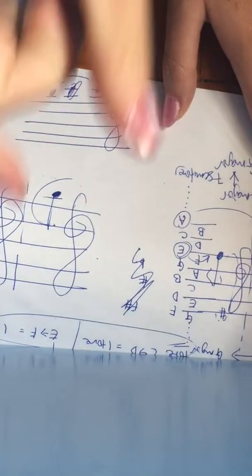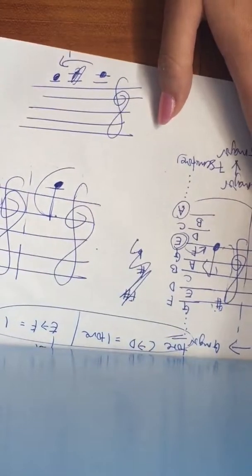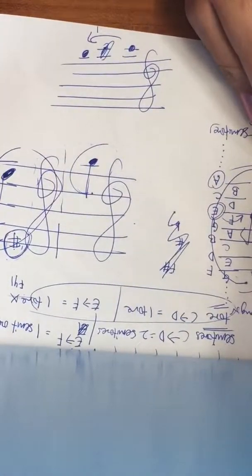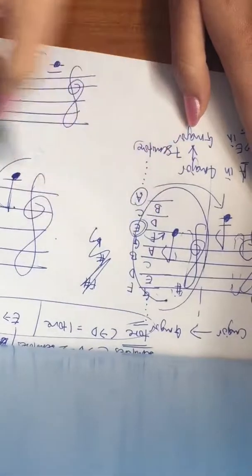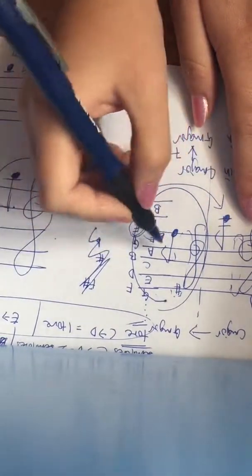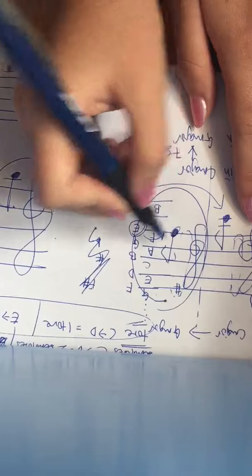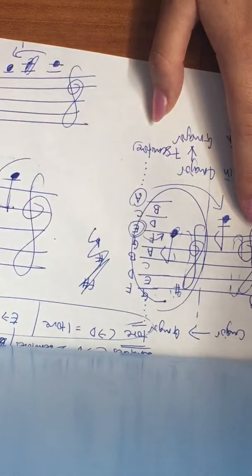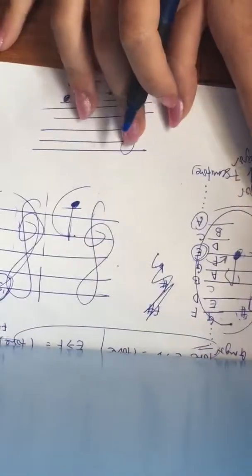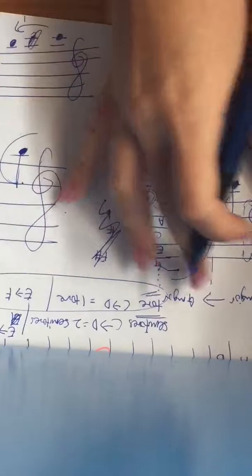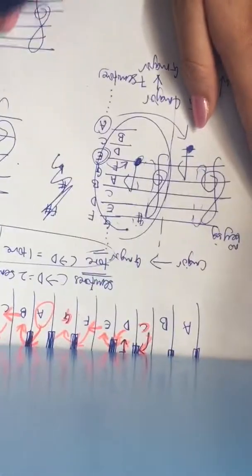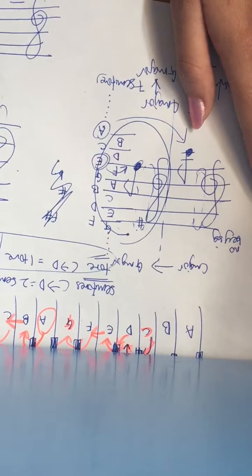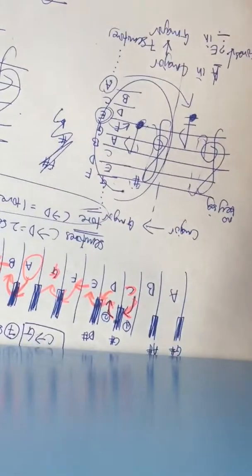So the difference between this and this should also be just one note. As you can see, it is the case: there's E here, and this is an F. The difference is one note, and it should be the case, because you're basically keeping the music and everything. It's just a different major key.